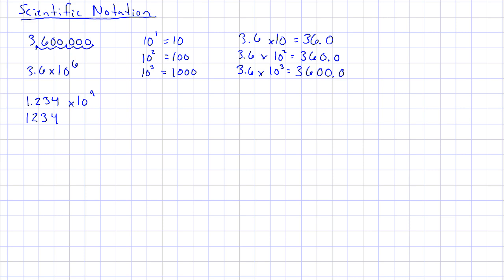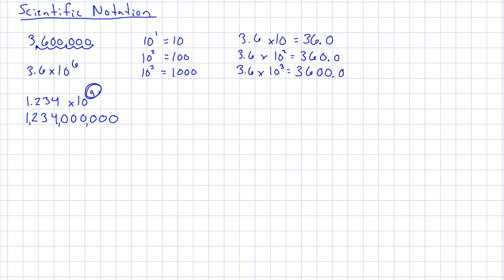And then that was 3. I need to do 9. So I have 3, 4, 5, 6, 7, 8, 9. And then I'll add in my commas to make the number more manageable. But this is quite a large number. But moving it into scientific notation can make it a little easier to handle.